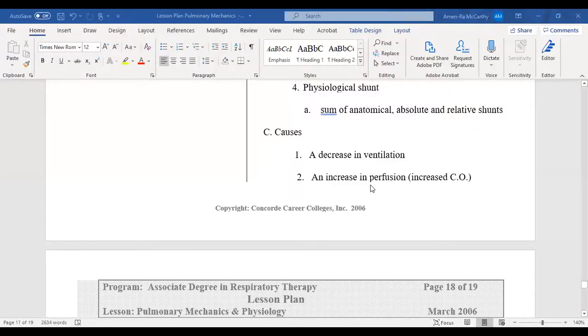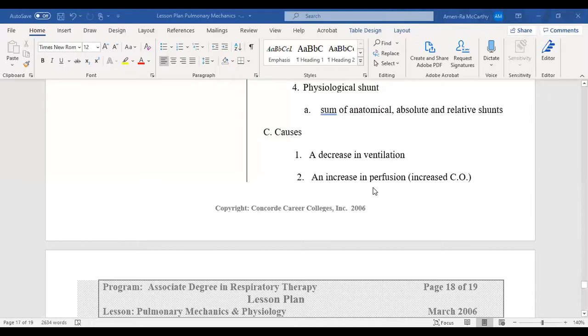Okay. Number two, an increase in perfusion. What if my cardiac output shot up? That still can be a shunt, because say I had about 3 liters per minute of ventilation and 5 of cardiac output, so I'm relatively okay, or 4 to 5. That's regular. But what if my cardiac output all of a sudden increases to 8 or 9?